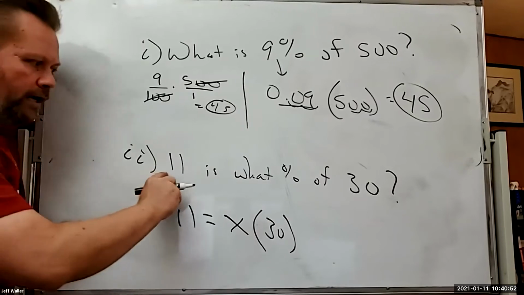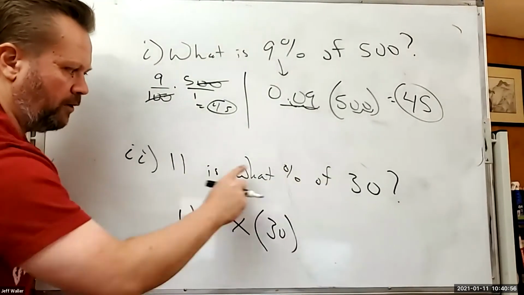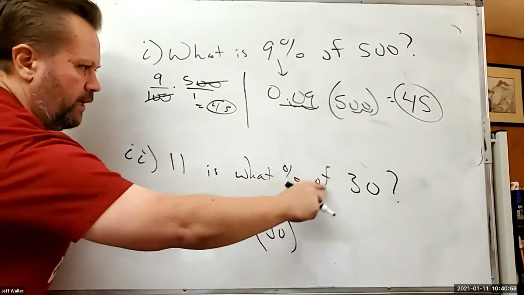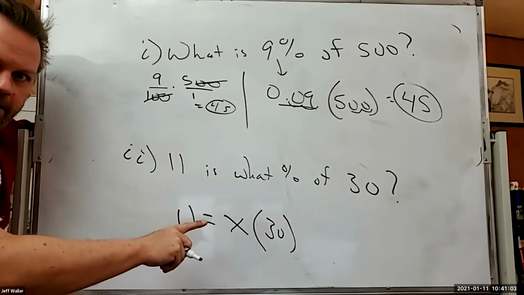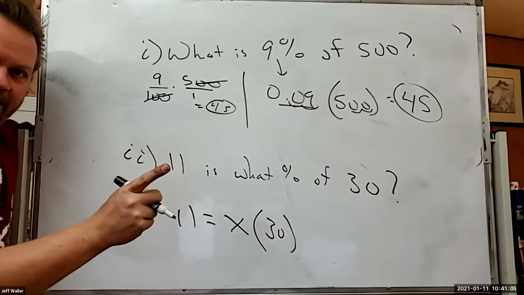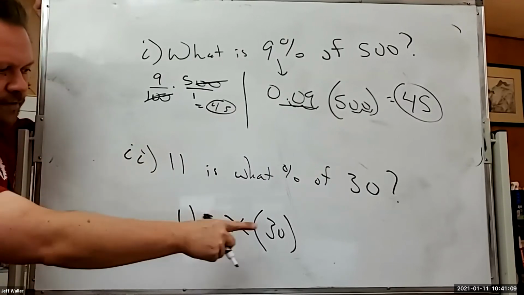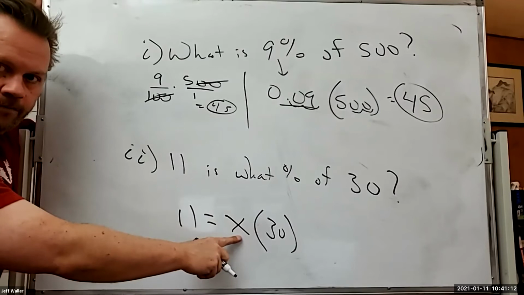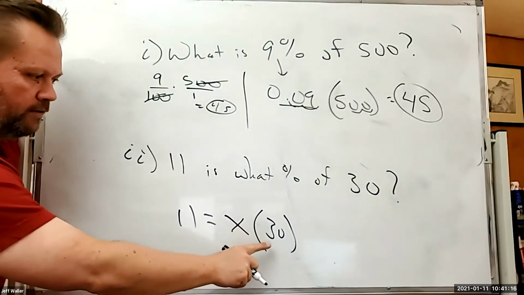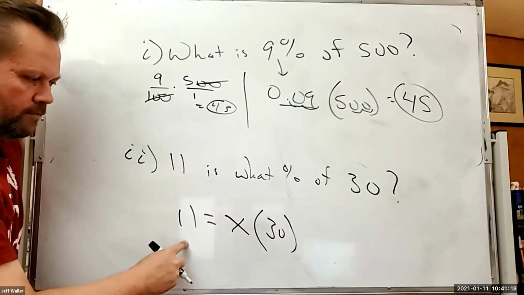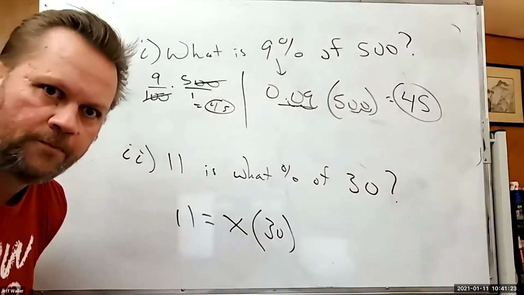So you can directly translate any statement that is in this form, something is something percent of something, directly into algebra. Some of you guys are like, I don't want to translate it to algebra. How do you solve this equation for x? How do you get x by itself? How do you kill the 30? By dividing the whole thing by 30?